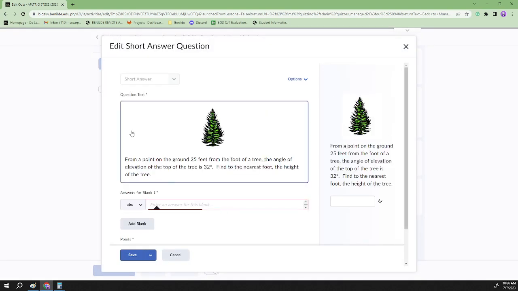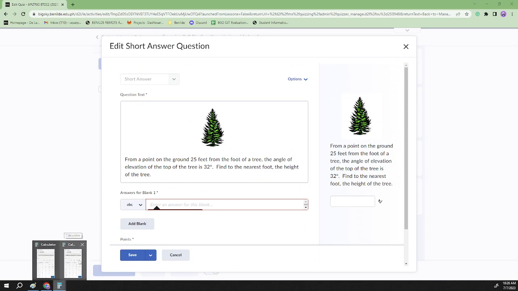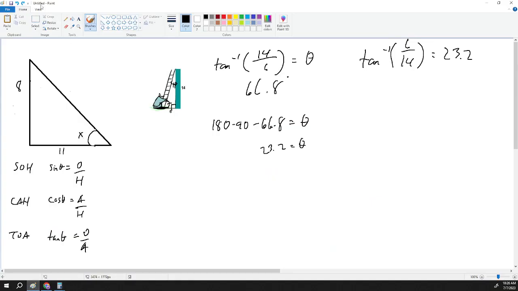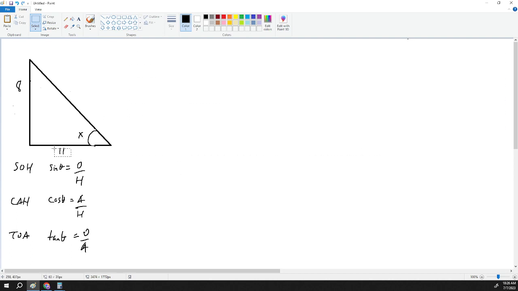Sige. Now, we have a tree from a point on the ground, 25 feet from a tree. We can just use this now.